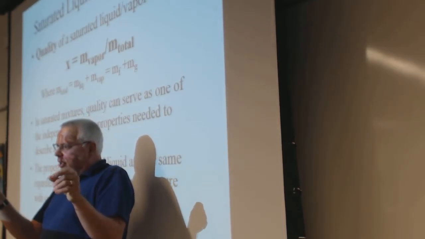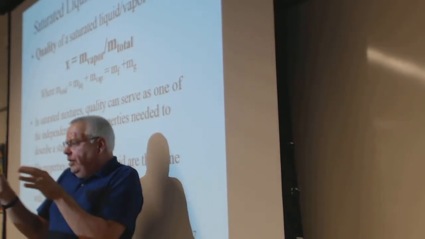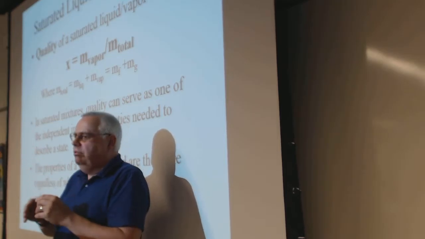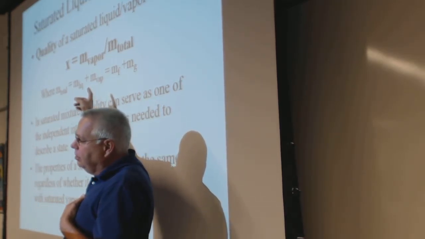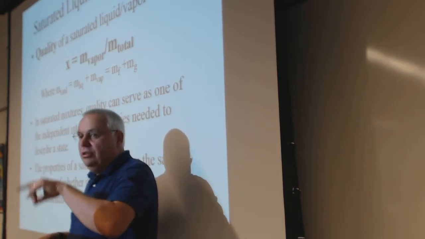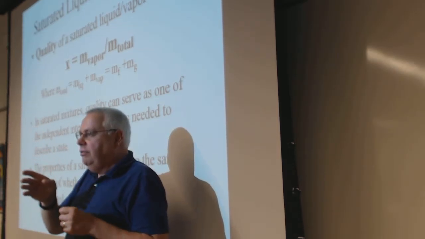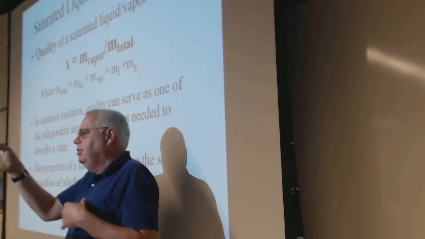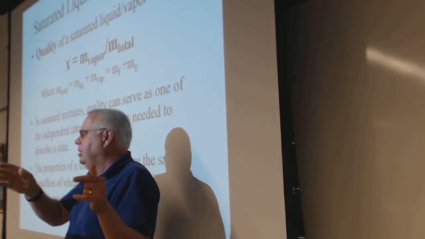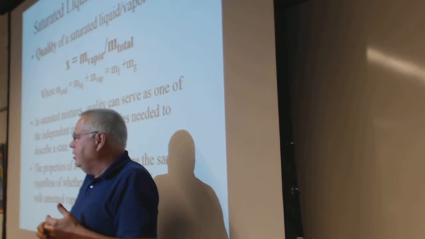Or is it 3%, or is it 90%? That tells you how much energy you put in there by mass. So there's this thing called quality that has to do with when you're underneath that saturation dome. You didn't put as much energy into it as it took to vaporize it all. You want to know maybe how much more is it going to take? You want to know what's that state?